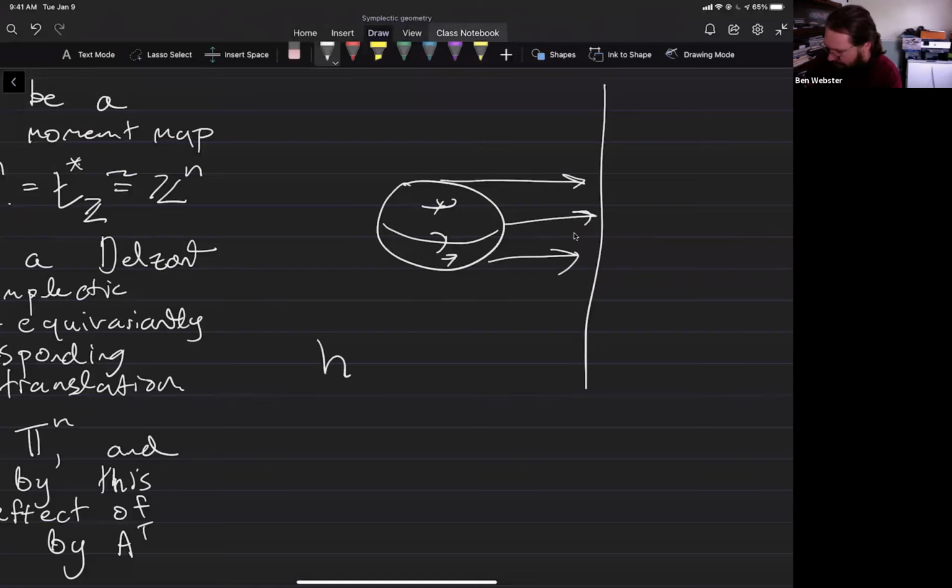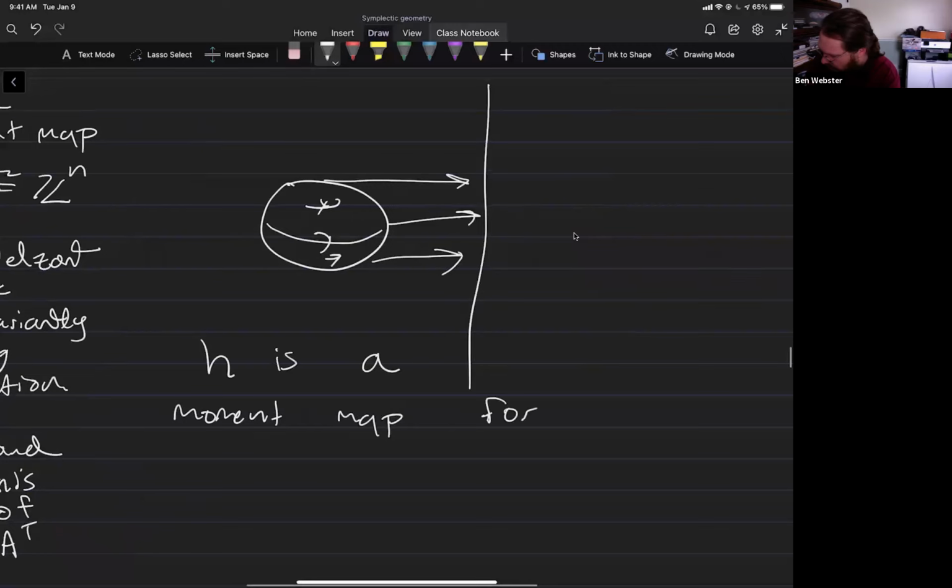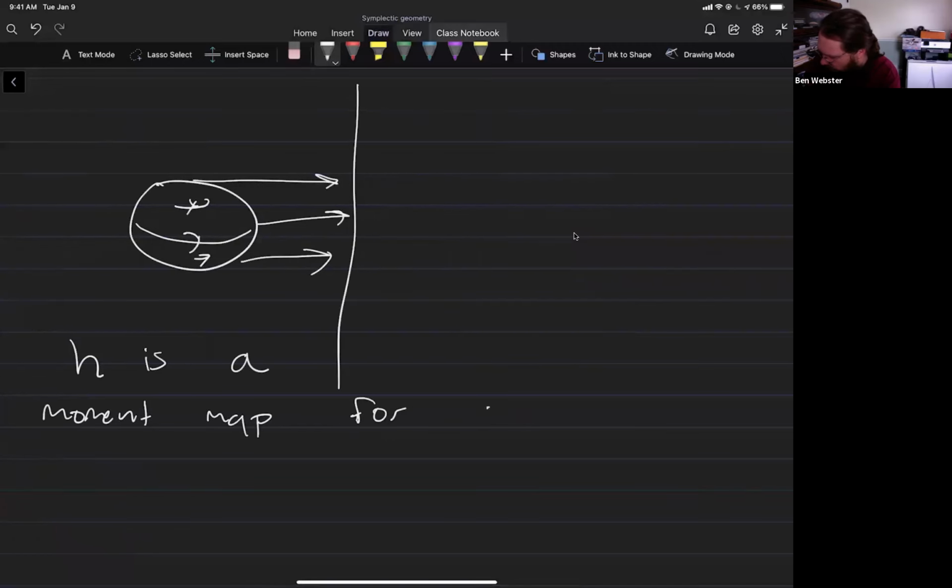so H, which I'll just define to be the height function, is a moment map for the symplectic form omega equals dH d theta.